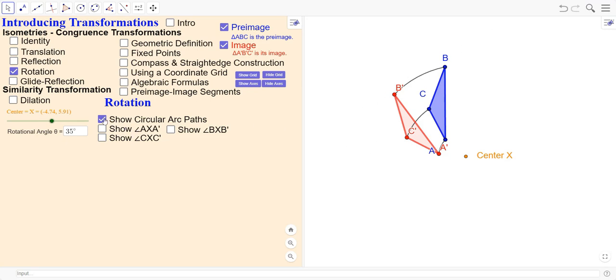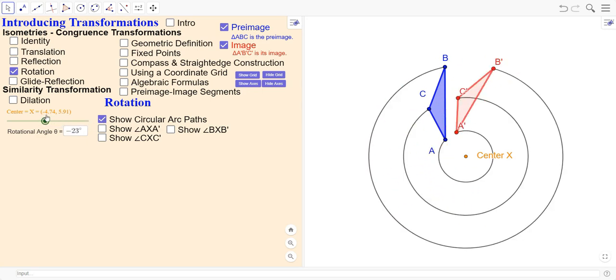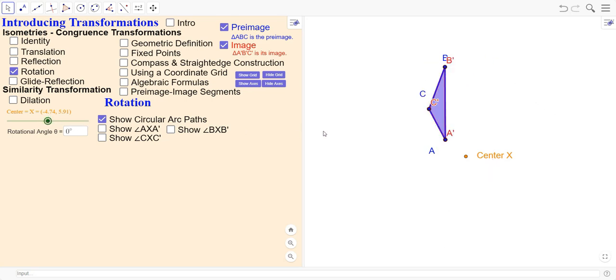Okay, so in a rotation, what we have is we're taking our original set of points, and we're having a center point here, and each point follows an arc of a circle, and it goes through a particular angle.